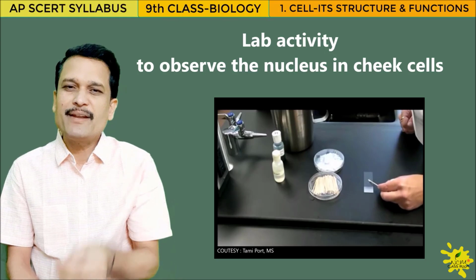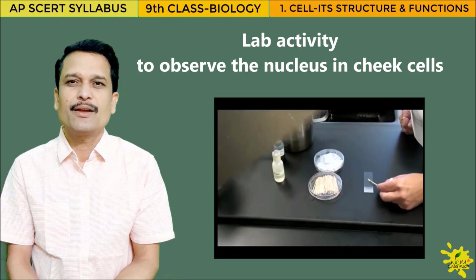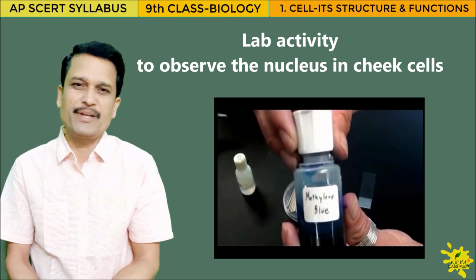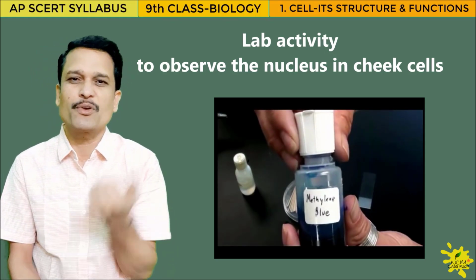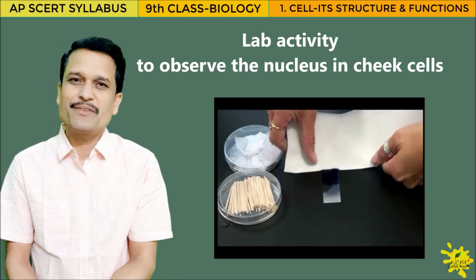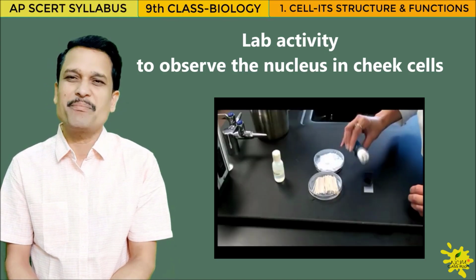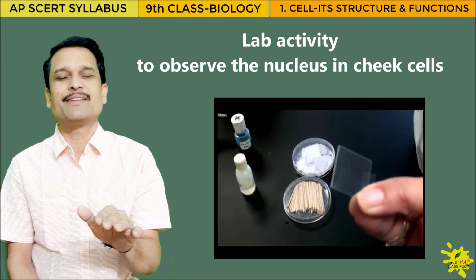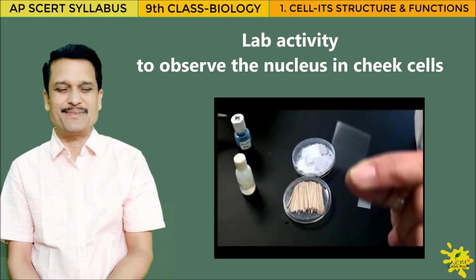Then place the material on a glass slide. Put a drop of methylene blue and wait for a couple of minutes to observe the dye. Wipe the extra stain with a fine cloth or blotting paper. Put a drop of glycerin over it. Place the cover slip. Observe it under the microscope.